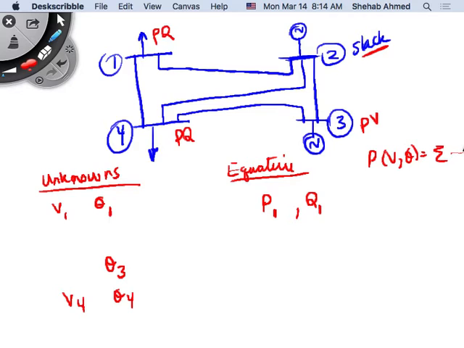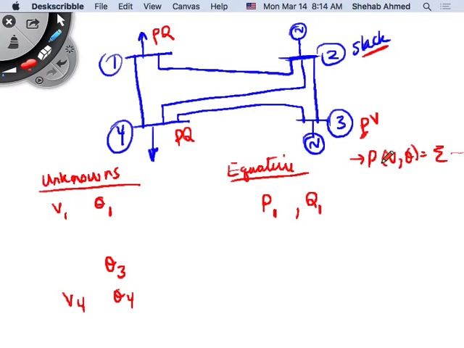So since I know P, I can use this equation for real power. So I have 2 equations I can use at every bus: the real power equation and the reactive power equation.